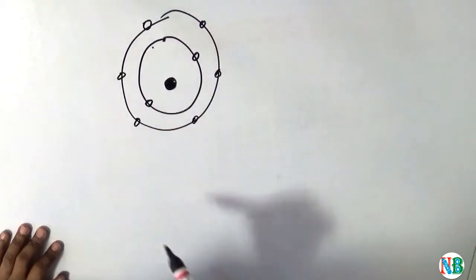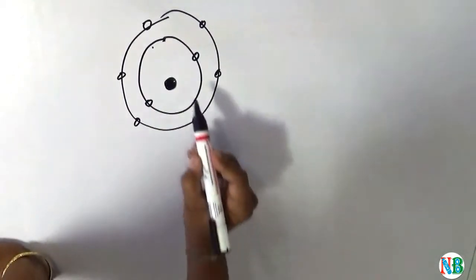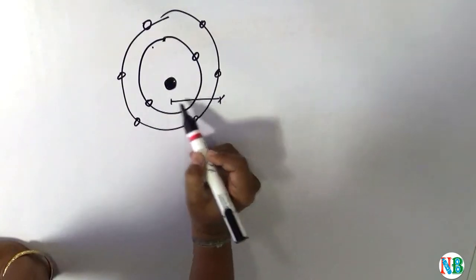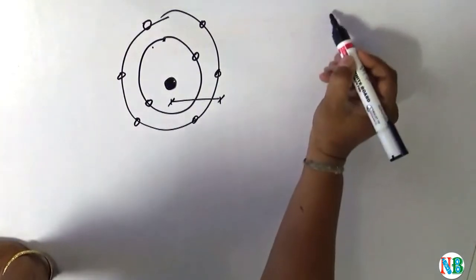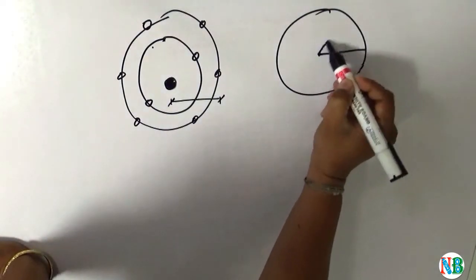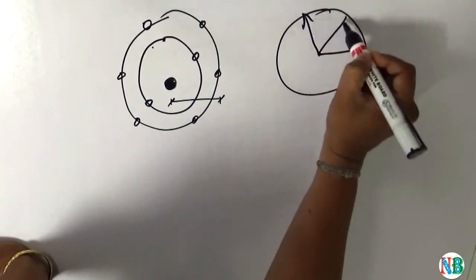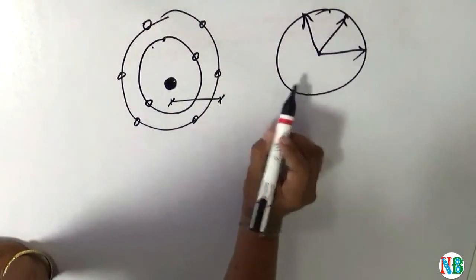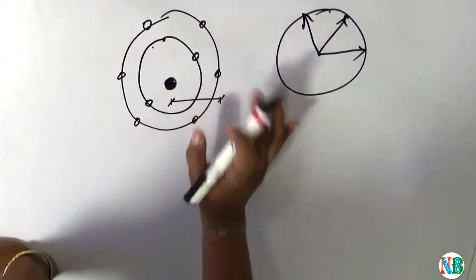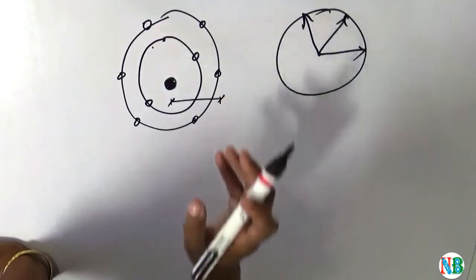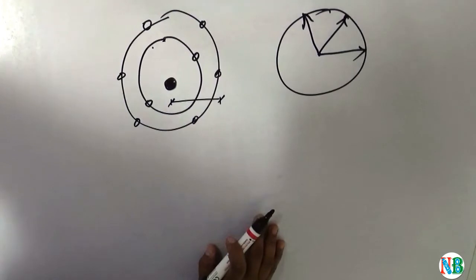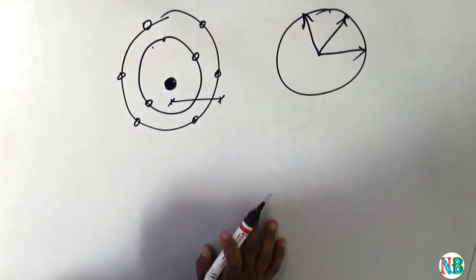So atomic radius is the distance between this and this. When we say radius of a circle, it means from center to circumference, in any direction you go. Likewise with your atom, from the center to the last electron is the atomic radius.